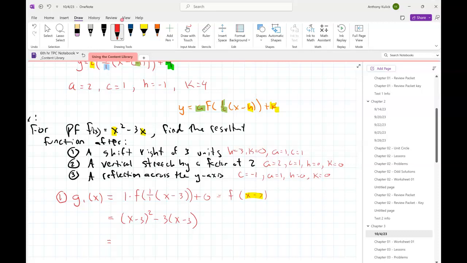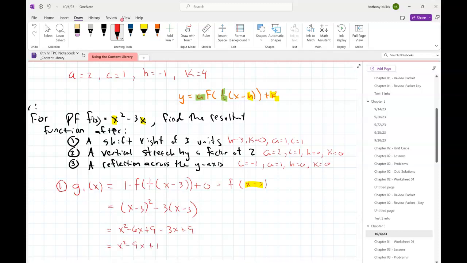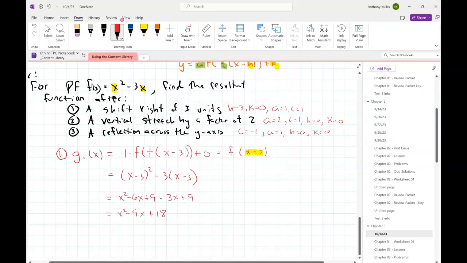FOIL! It's not X squared plus 9. It's a FOIL problem, yeah. So I'll go ahead and do that in my head for you guys quickly. And then I'll just distribute the negative 3. So it gives me X squared minus 9X plus 18. So that's my G1. That's my first step of this transformation that we're doing.